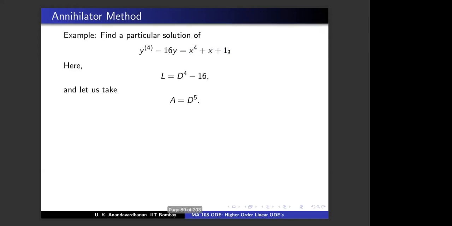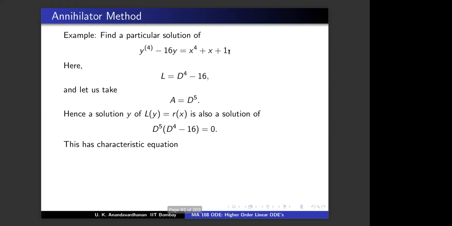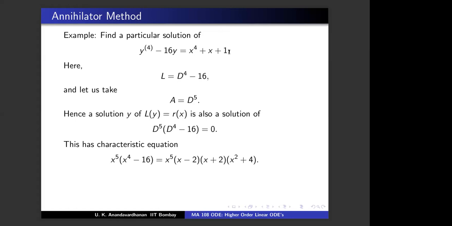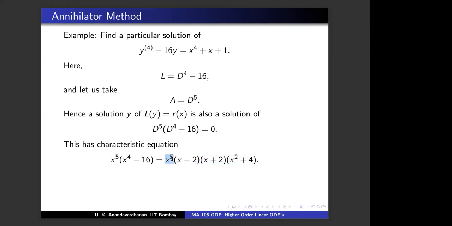So A is D power 5, so you apply D power 5. So you got this homogeneous equation, and this you solve. What is the characteristic polynomial of this equation? x power 5 times (x power 4 minus 16). So you factorize. What are the bases now corresponding to this? x power 5: what is the basis corresponding to x power 5?